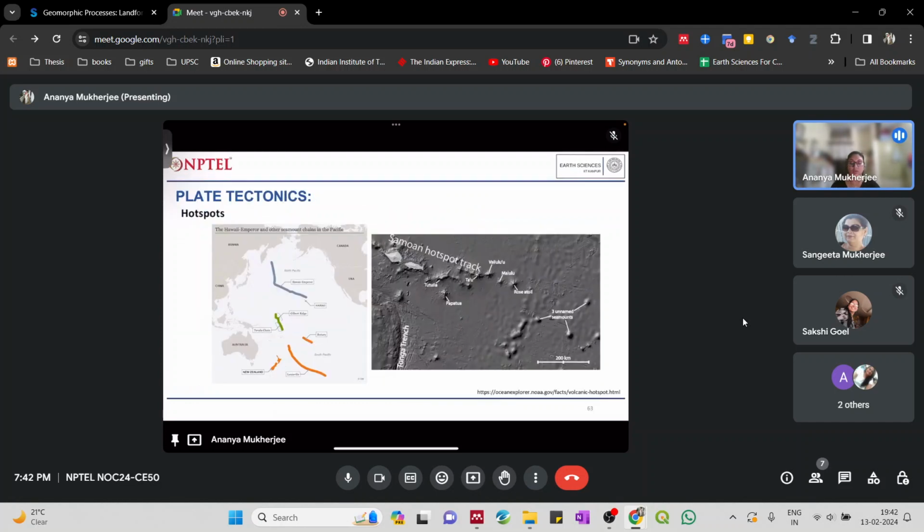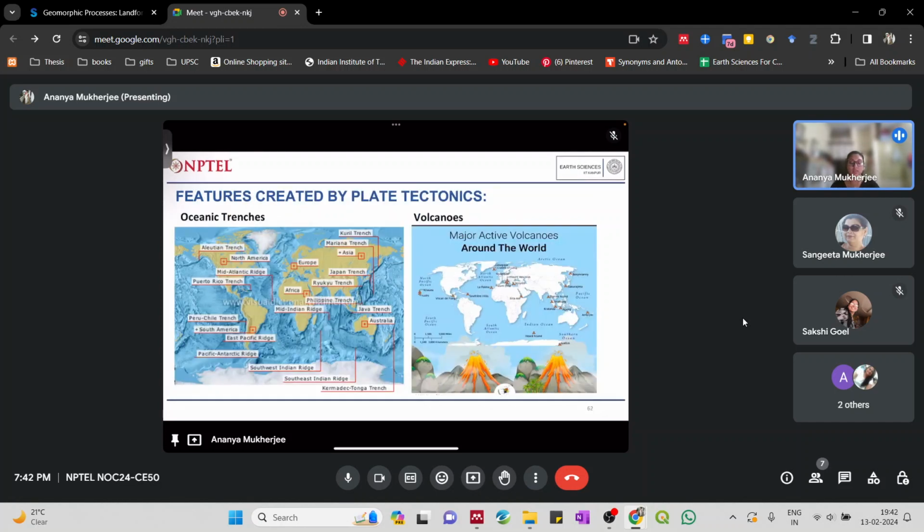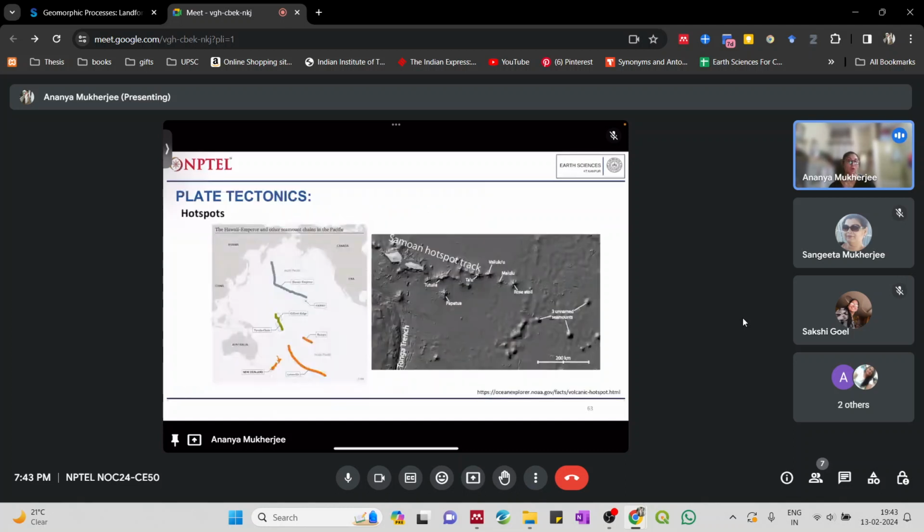Mountain building is also created by plate tectonics. These are important for us to know and understand what is causing each feature, or in which situation which feature would be created.